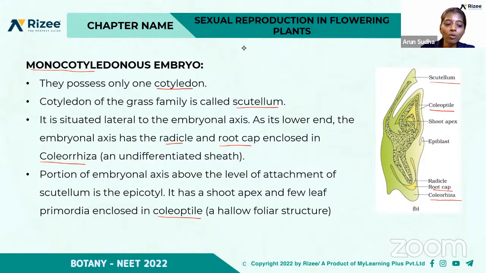So this is about the structure of the monocotyledonous and the dicotyledonous embryo.